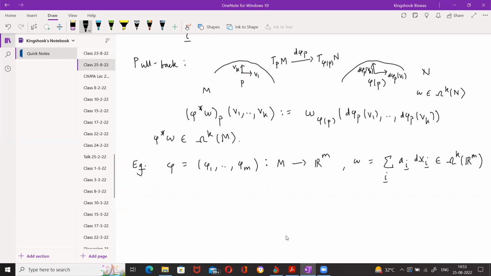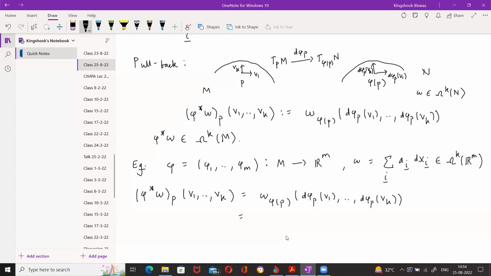What will the pullback of omega be under phi? So if I look at phi star omega at a point P applied to vectors V1 to Vk, this is going to be omega at phi of P applied to d phi P V1 to d phi P Vk. Okay.